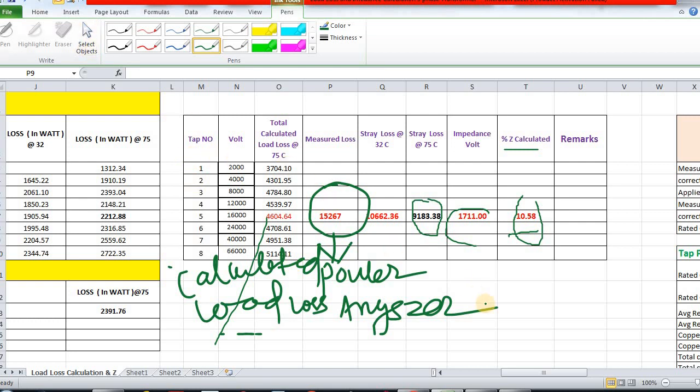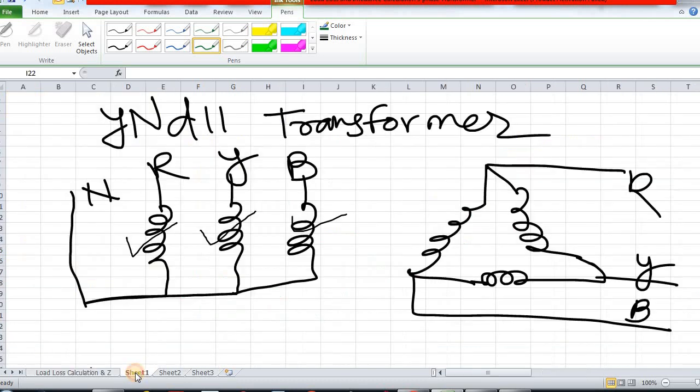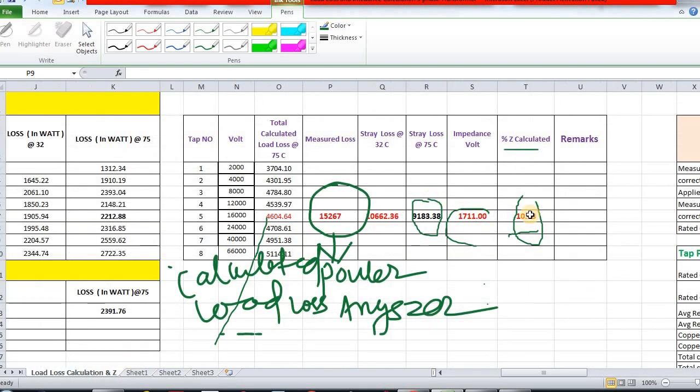This is the percentage impedance of the three-phase transformer.